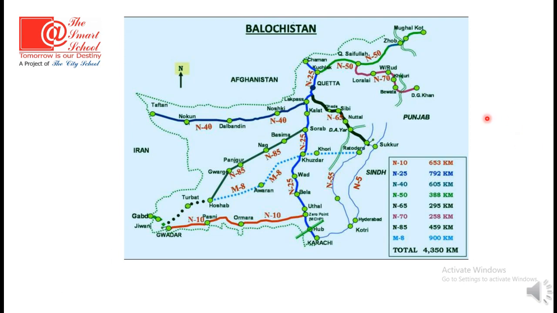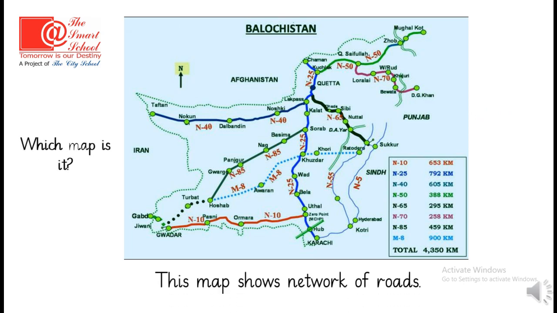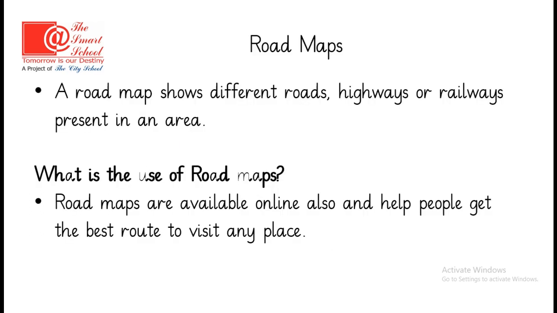Now, this is the map. Initially also we had seen this map. So, this is a road map. We had already discussed that this map shows the network of roads. A road map shows different roads, highways or railways present in an area.